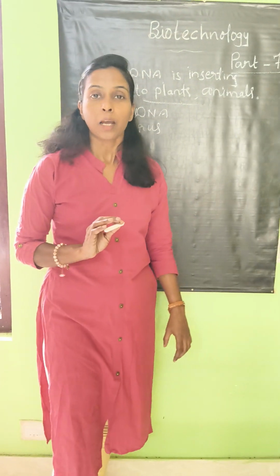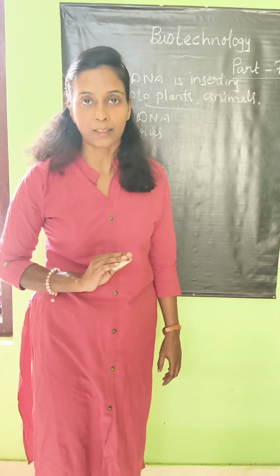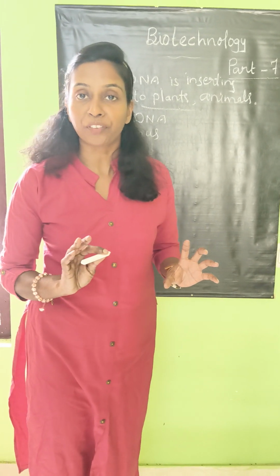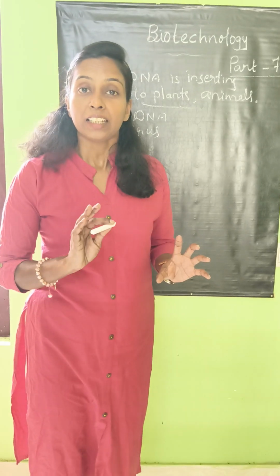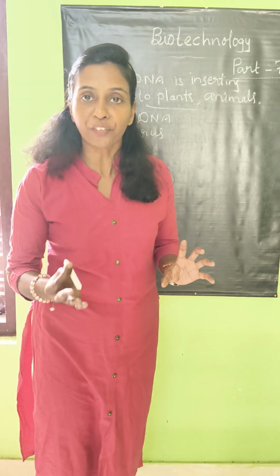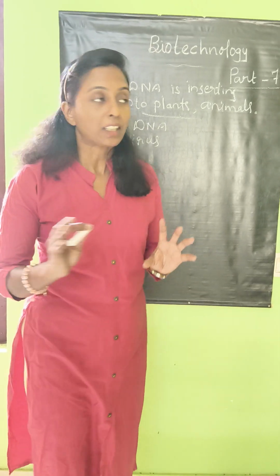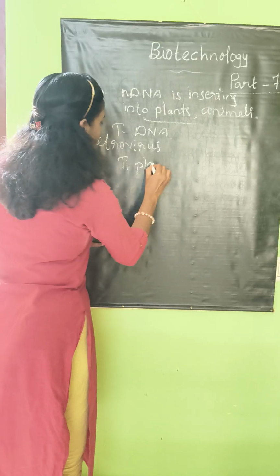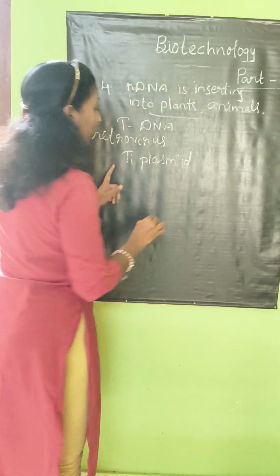But now, with the help of biotechnology, both of these are disarmed. Agrobacterium tumefaciens is disarmed, and its tDNA is modified into the Ti plasmid, which means tumor inducing plasmid.